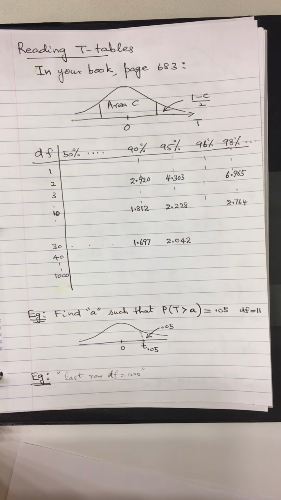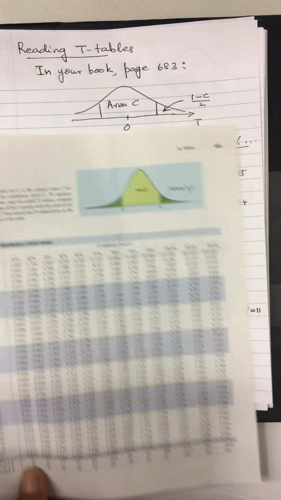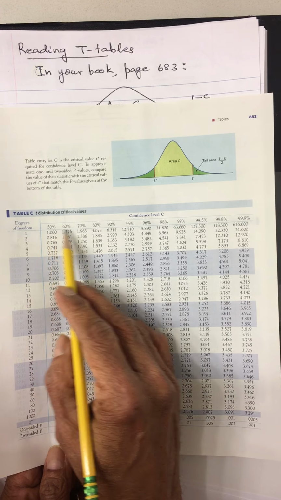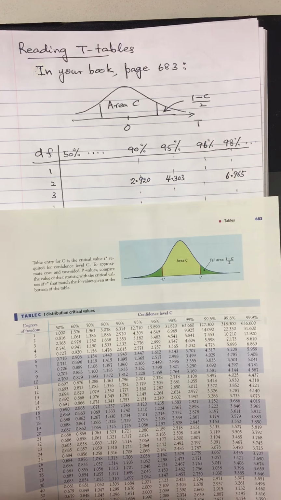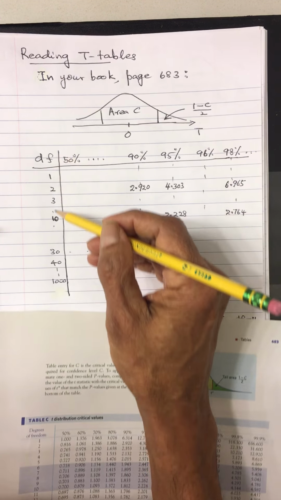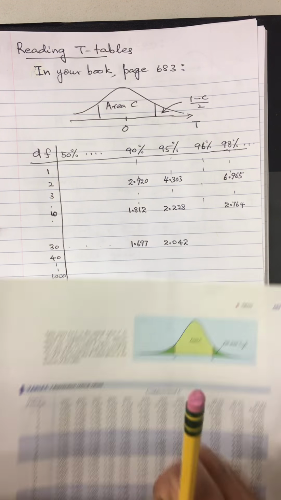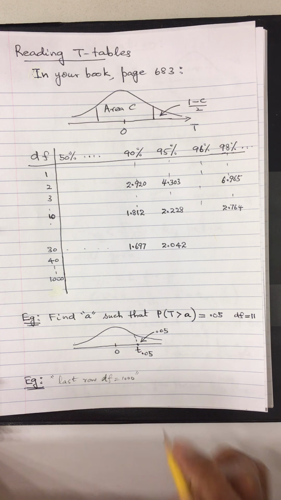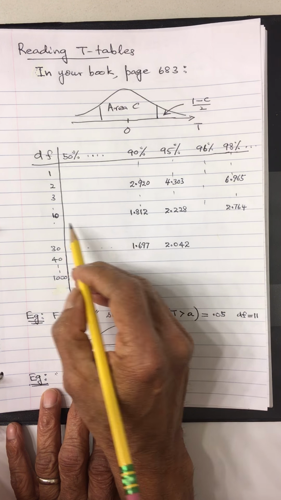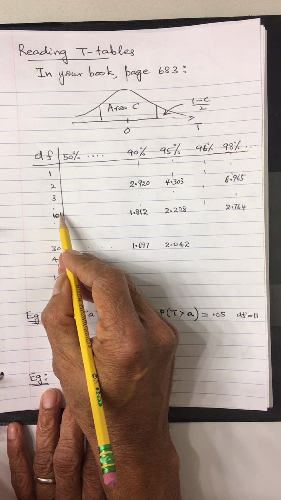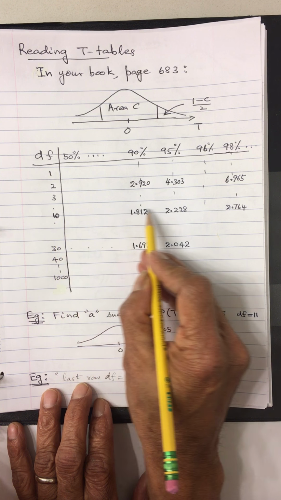So in this table, the very first row is 50, 60, goes like that. The very first column is the degrees of freedom. So if, for example, the degrees of freedom is 10, you need to stay within this row.